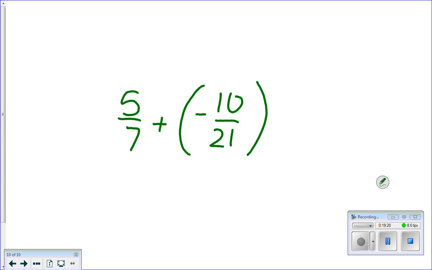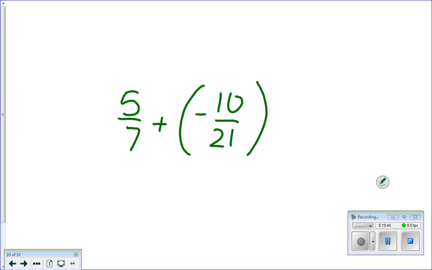Should be negative. No, because... Oh, I forgot to switch to 5. Oh, it is. Cats and dogs, Carver.